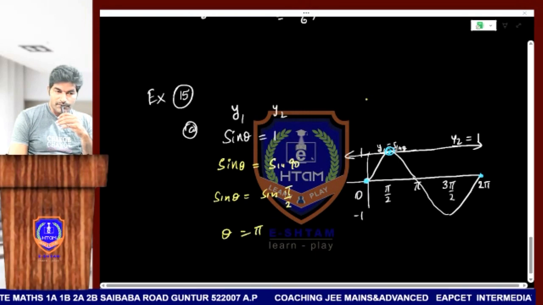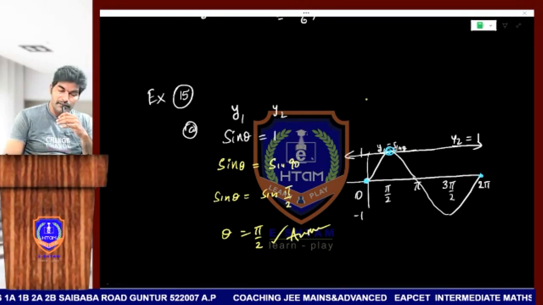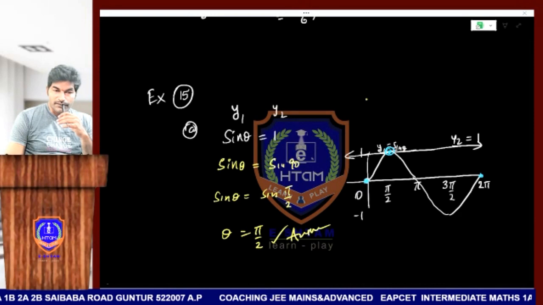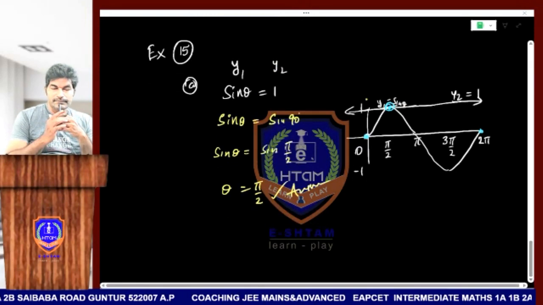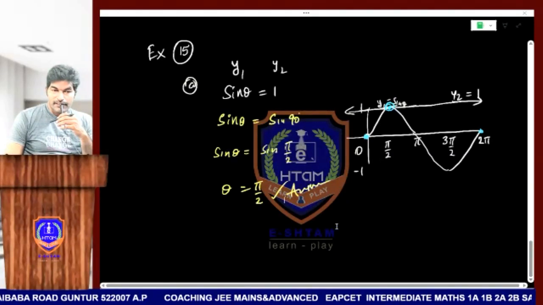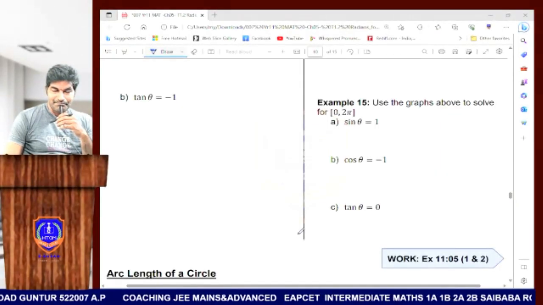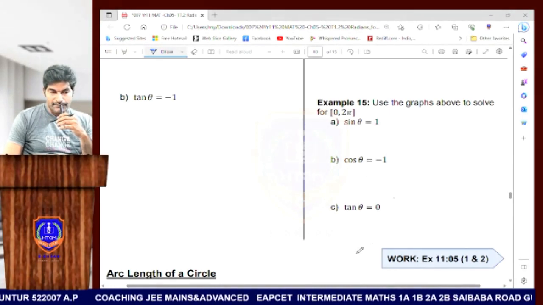Therefore, theta is equal to pi by 2 is the only answer in the entire interval from 0 to 2 pi, and that value will be shown in the graph also. Understood? Okay. The sine graph always looks the same in any problem. It's not changing its curvature. Next, cos theta equal to -1.